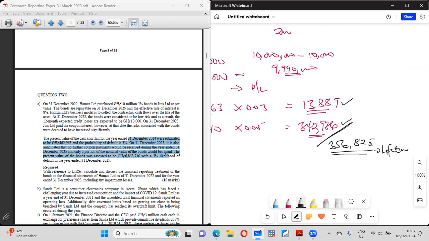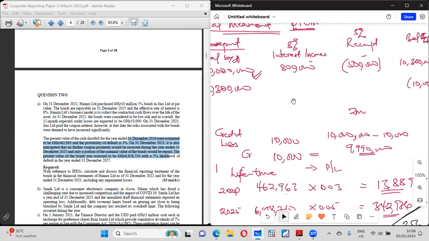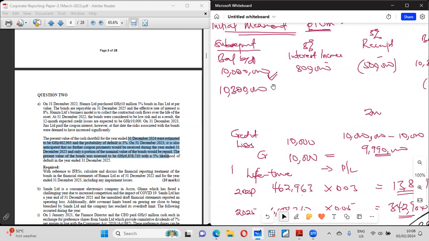And if it is lifetime, when you are calculating your interest income, like the example that we did earlier, you will deduct. So this one will be minus 10,300. 10,000, yes. So it means your interest income here will be calculated on 8%.